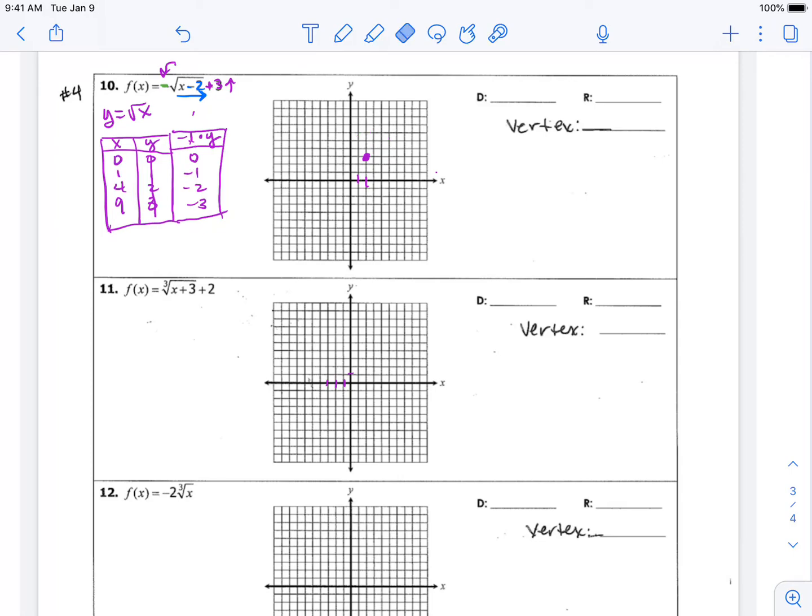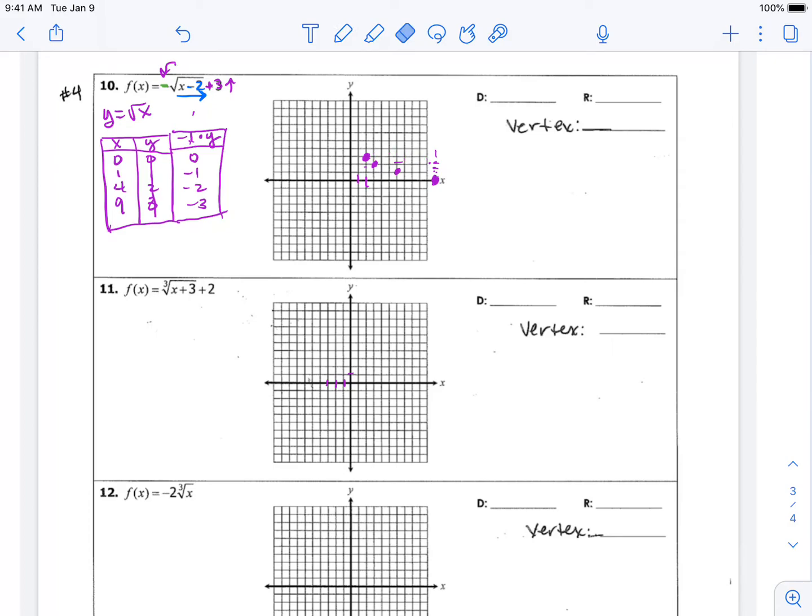So I'm going to count over 1, down 1, so that's going to be here. And then I'm going to count where 4, -2 is from my beginning, so 1, 2, 3, 4, down 2, so that's my next point. And then I'm going to count from this beginning my 9, -3, so that's 4, 5, 6, 7, 8, 9, down 1, 2, 3. So that gives me my next point.